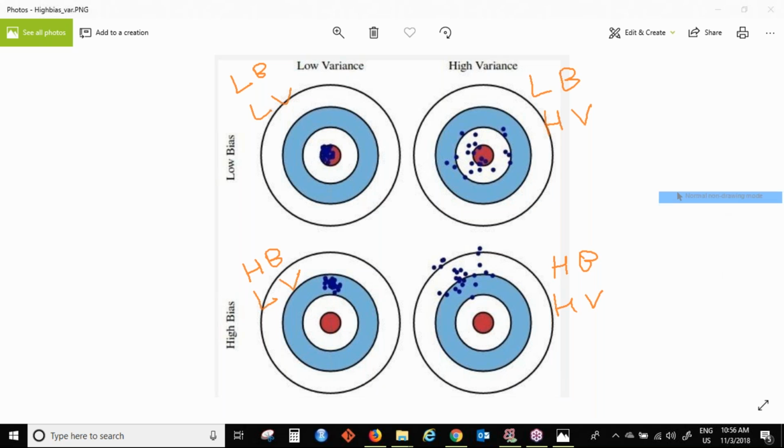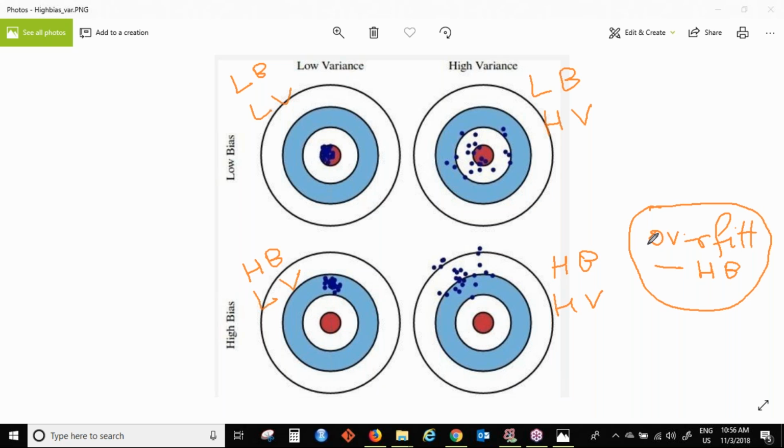Usually what is seen is, as your model becomes overfit, you move towards high bias, because your output starts to get scattered. So overfitting means high bias. Always remember, overfitting means high bias, and underfitting means high... Sorry, I said the opposite again. Sorry about that.